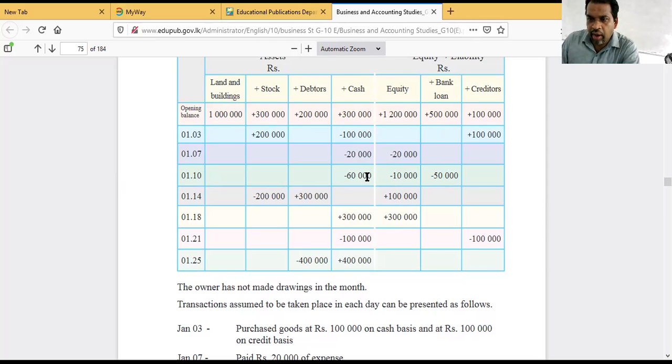Money had gone out. Then, even in bank loan, they have put minus 50,000. Therefore, it should be a settlement of bank loan.